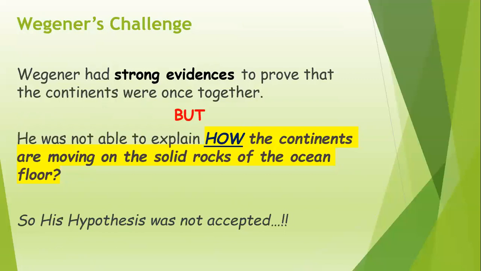Then, after collecting all these evidences, the last thing he was unable to explain was how the continents are moving on the solid rock of the ocean floor. This was his challenge and he could not explain it, so his work was not accepted and he died. So this is the end of the lesson.